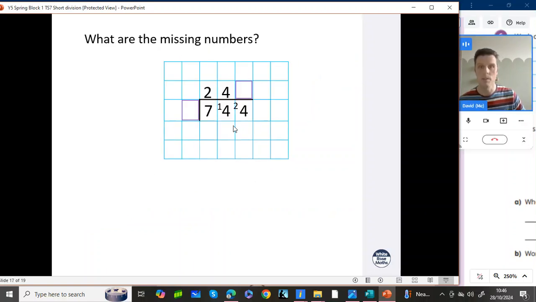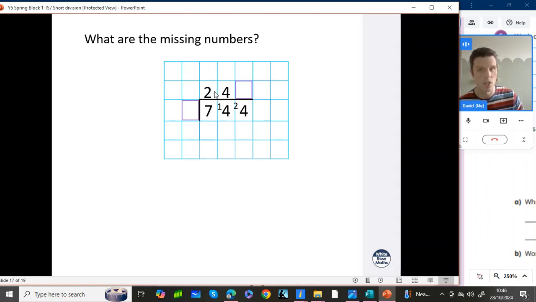Okay, here we've got the missing numbers. So we're going to work a bit backwards here. As you can see, here 7 was divided by a number and there were 2 lots of them.